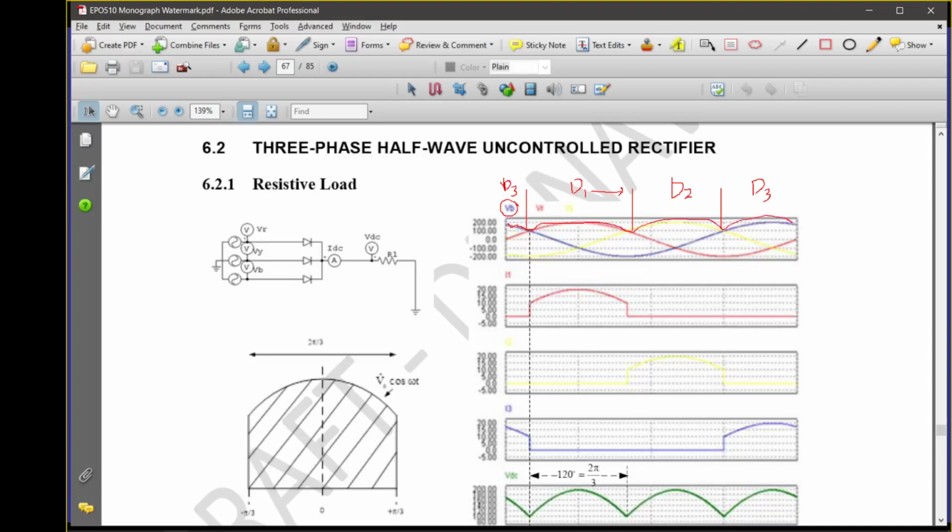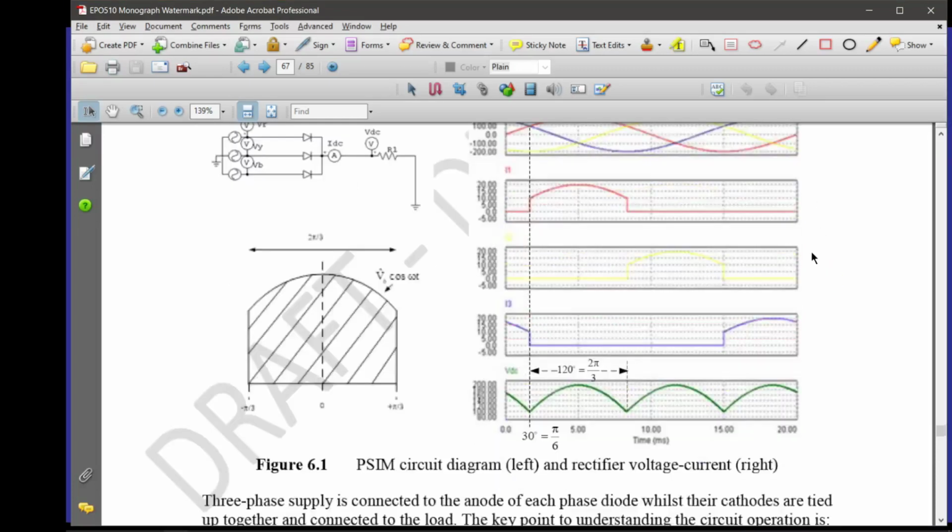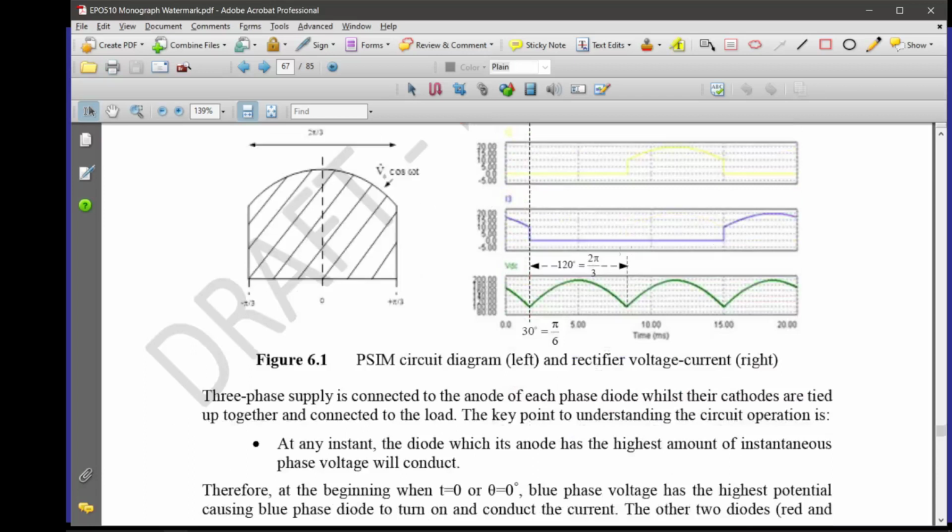So that will be the output voltage, and from that we derive the average of the output voltage, whereby you take one of the pulses and simply modify this pulse to be in this form, right?